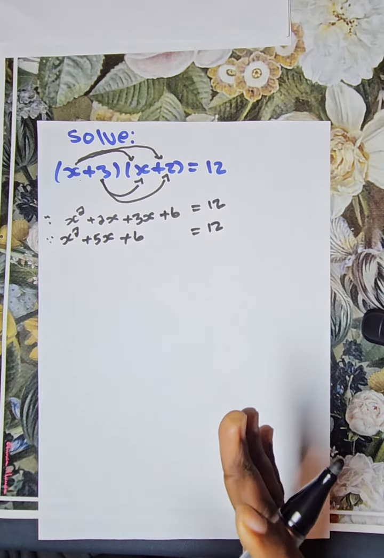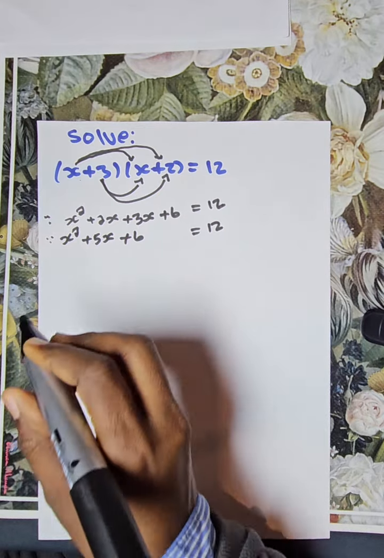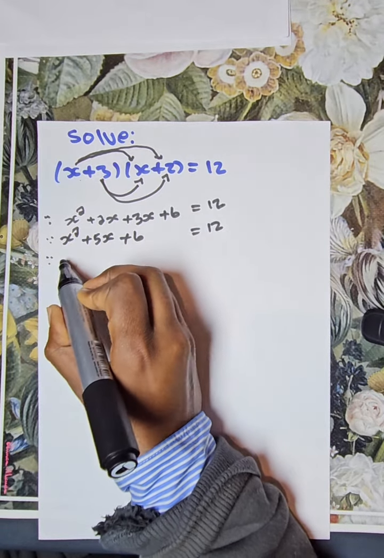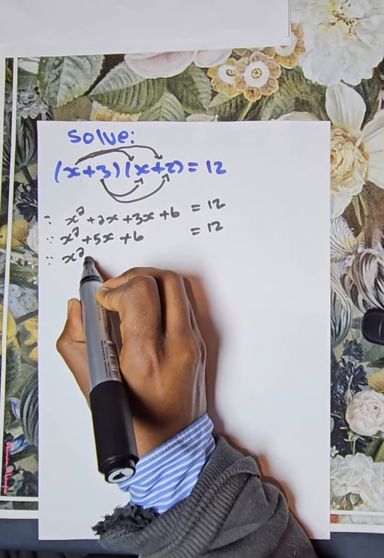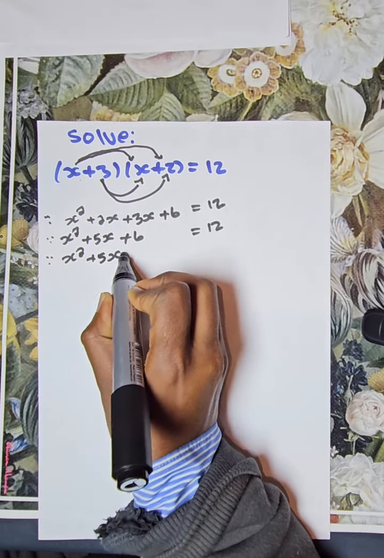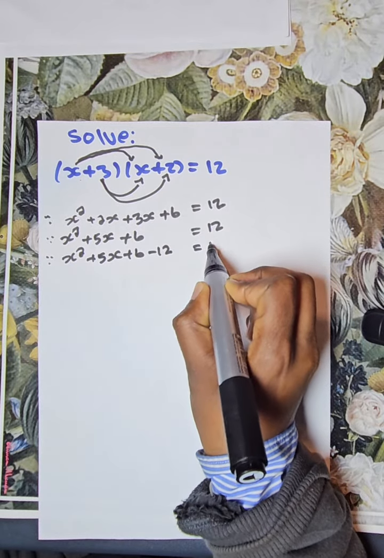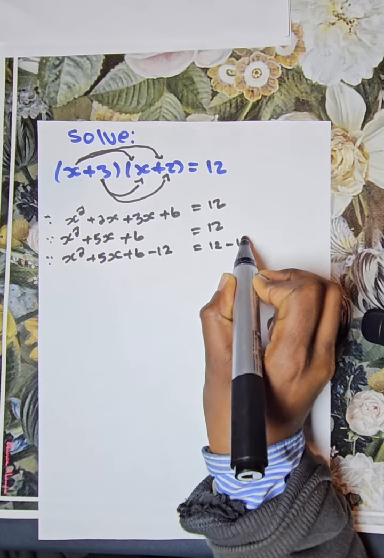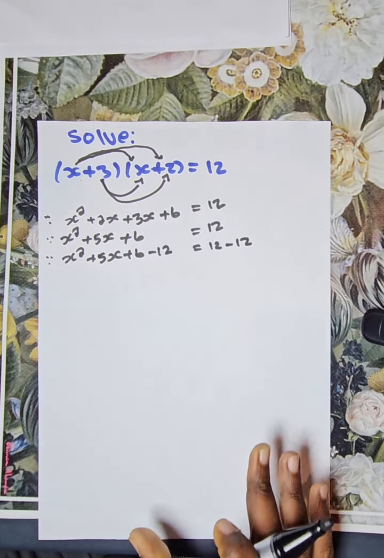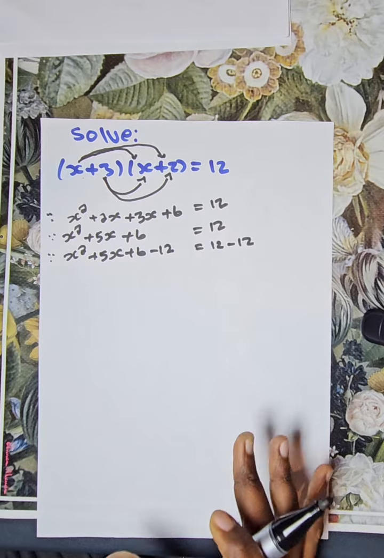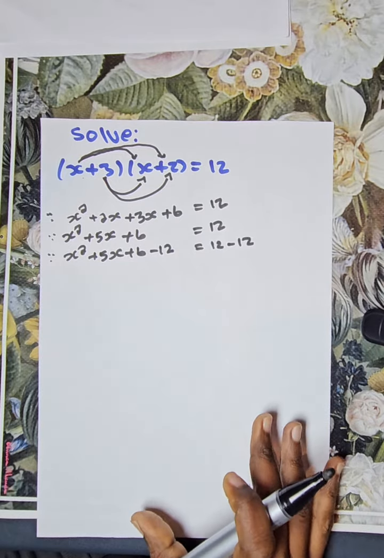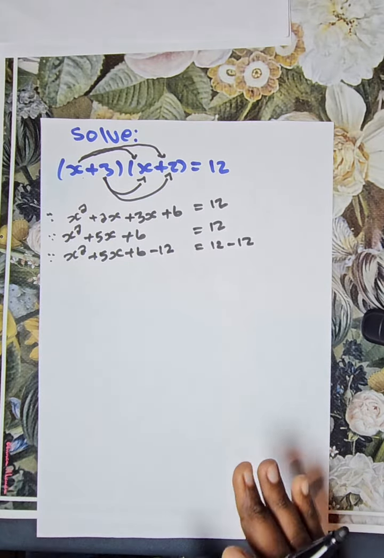Now we need to get everything on the left hand side. We're going to therefore say x squared plus 5x plus 6 minus 12 equal to 12 minus 12, because we need to get rid of 12, and in order to get rid of the 12 we need to subtract 12 from both sides.